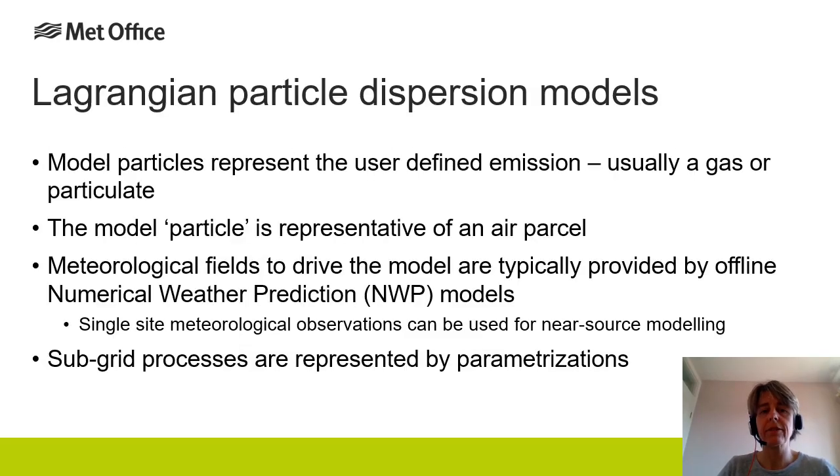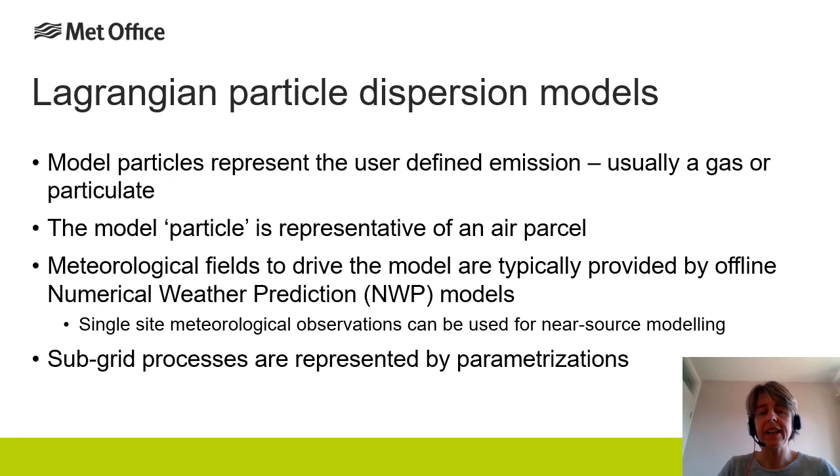So back to Lagrangian models. These air parcels are usually referred to as model particles. That's not to say that they're real particles, because these model particles represent a certain amount of the emissions, which can be either a gas or a particle.